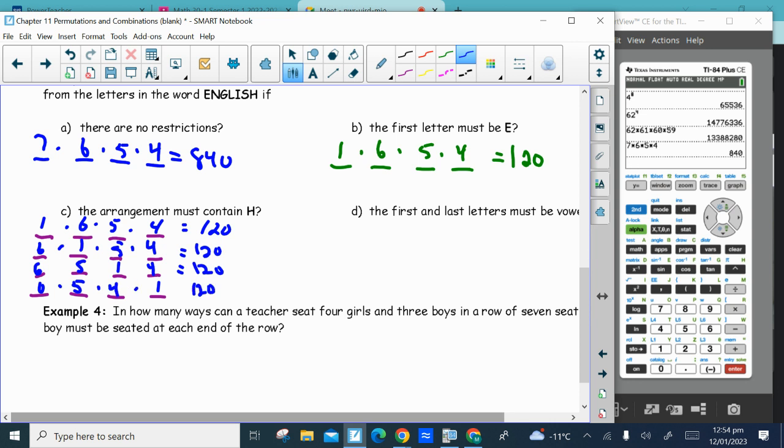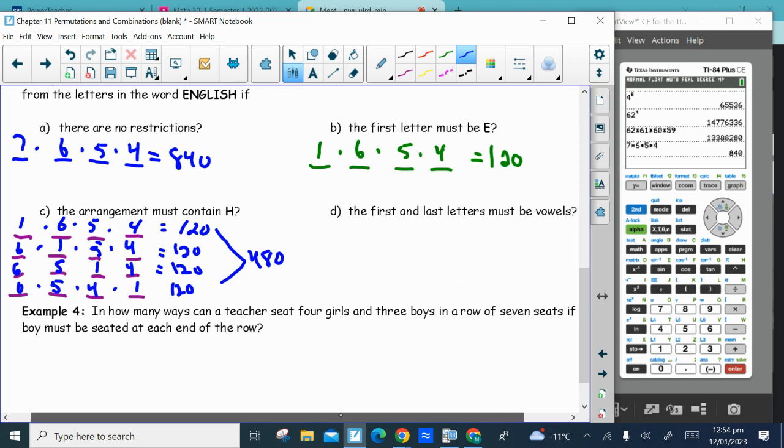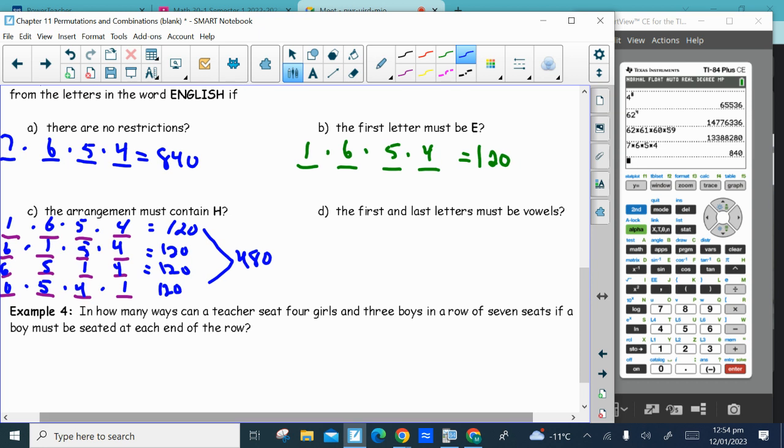And so basically it's 120 4 different times, which is 480. So there's the answer. So you see the difference between specifying what position a letter must be as opposed to saying that the arrangement must just contain that letter.